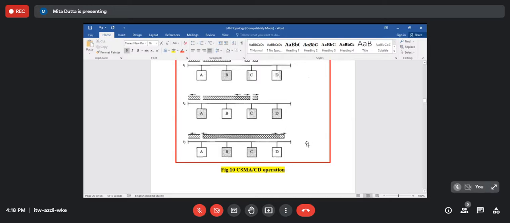And how we avoid collision in case of wireless LAN, we will study that later on when we study wireless LAN. But here in case of wired LAN, for bus and star, this protocol is known as CSMA/CD. Clear?